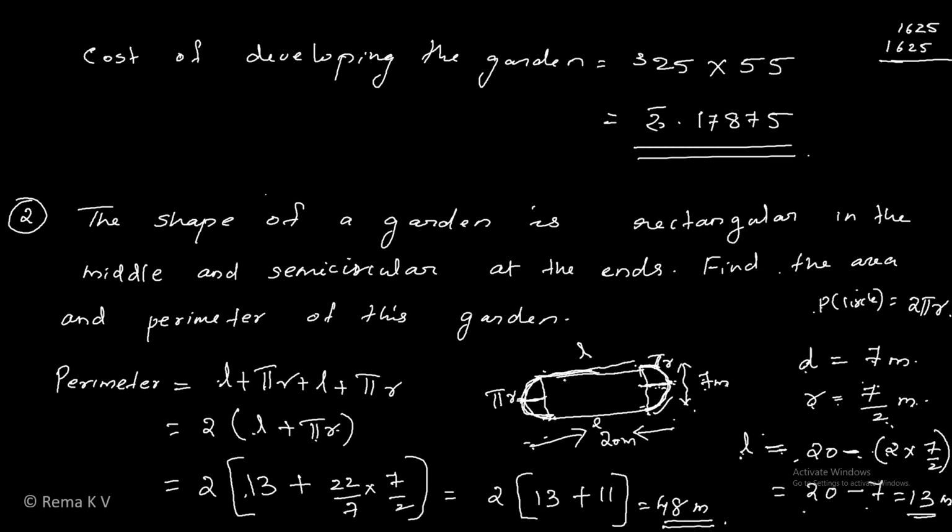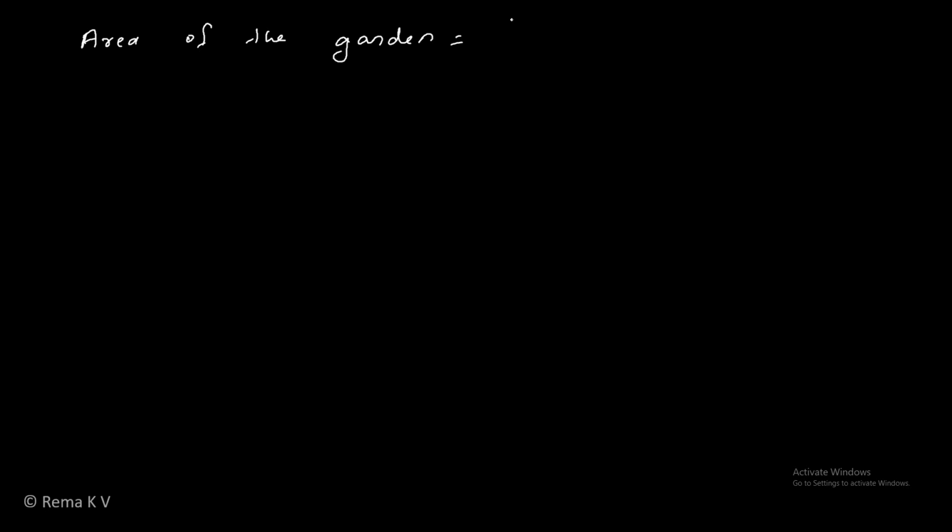To find the area of this garden, we have to add the area of this rectangular part plus the area of the two semicircles. So let us write the area of the rectangle plus the area of two semicircles.